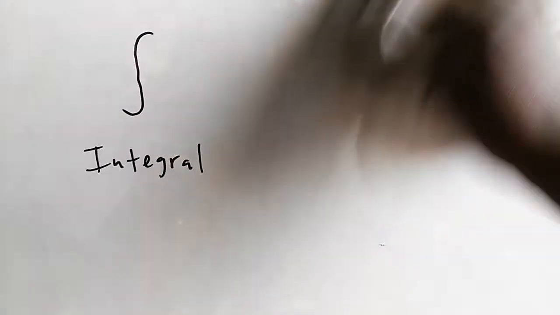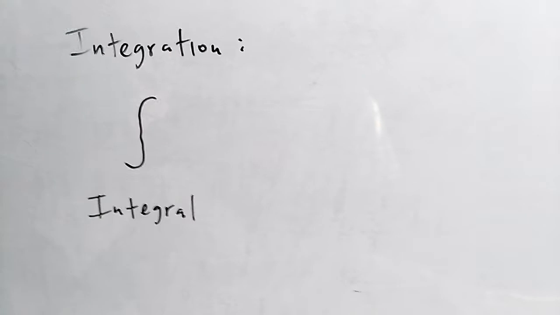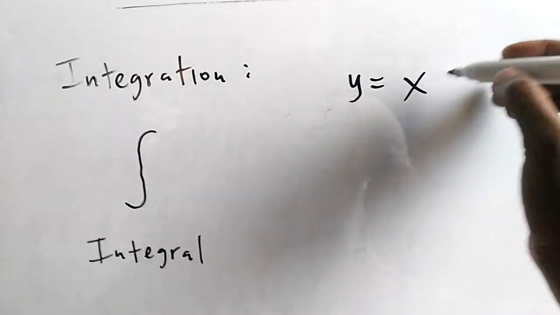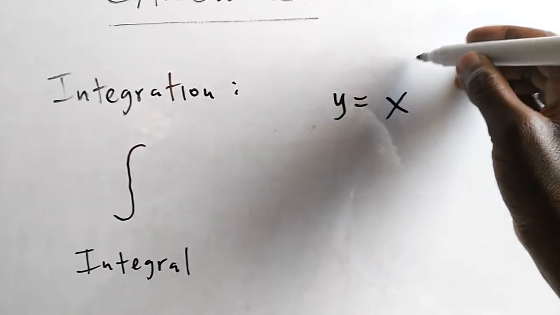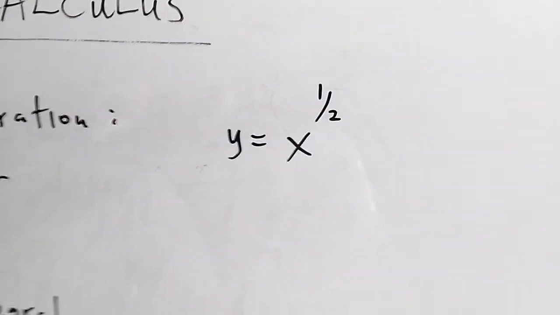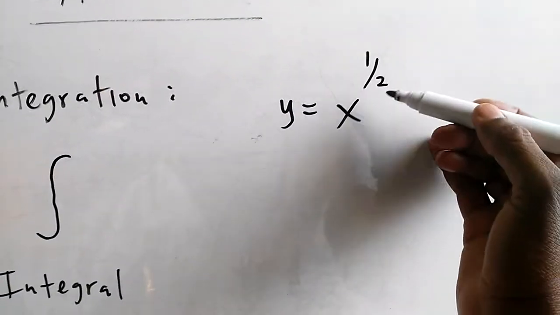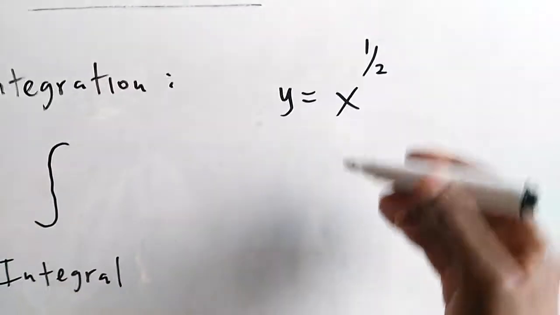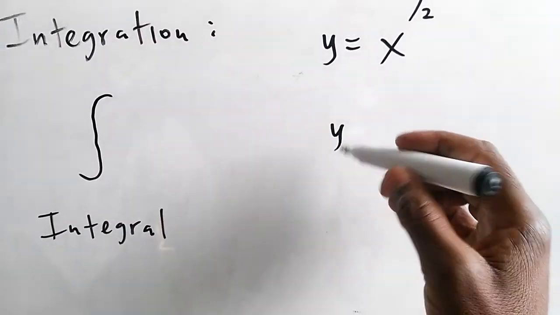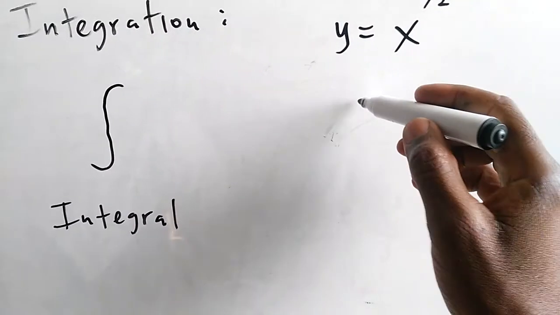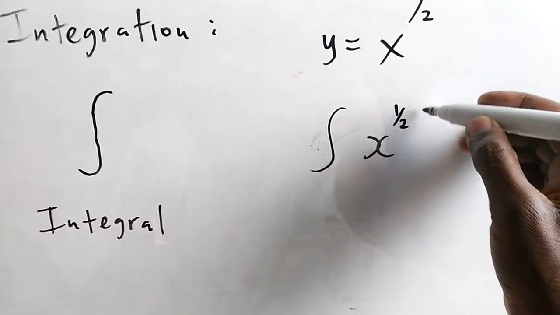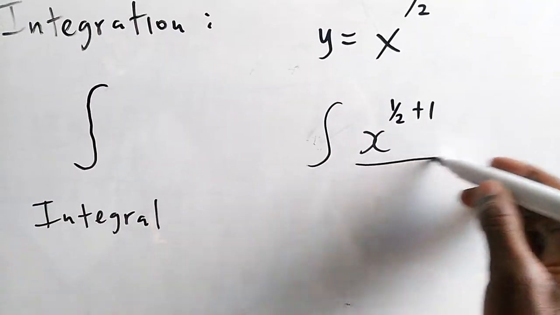You can say if y is equal to x to the power of maybe 1 over 2, x raised to the power of half, you say I want to increase the values of x, and so if I want the integral of y, I'll say the integral will be such that x with its power of half, I'll just add 1 and drop the same result.